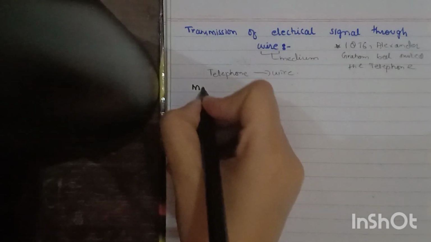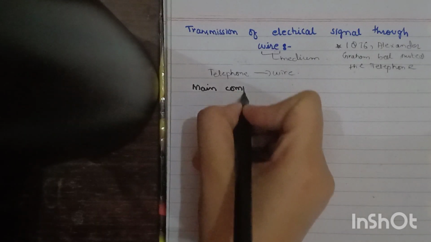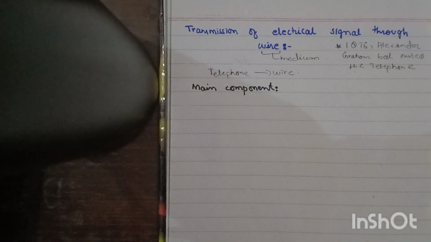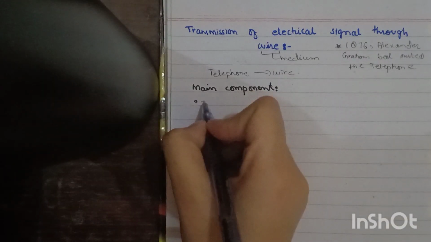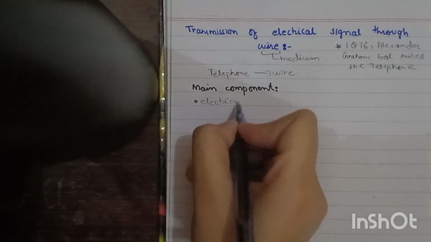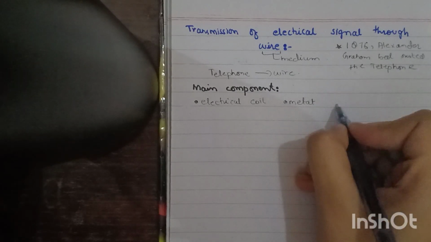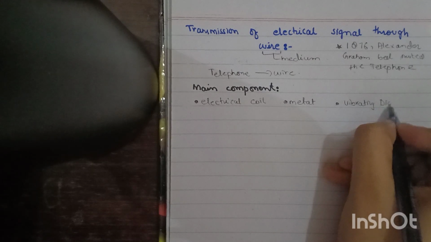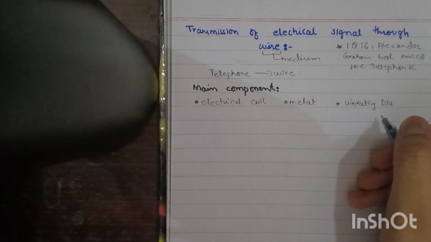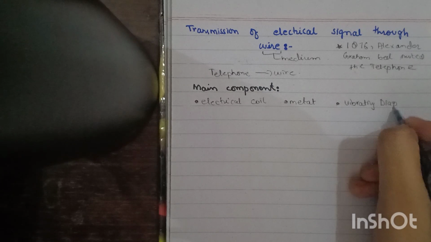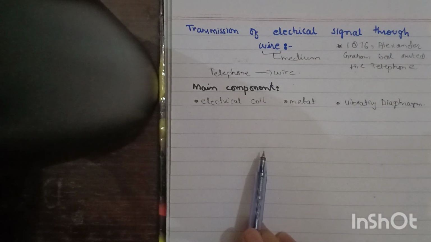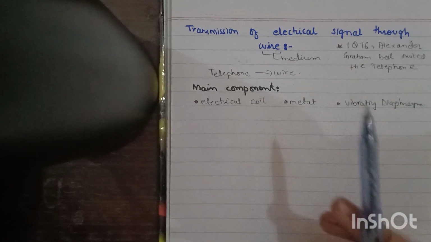Main components basically are here: first of all, metal, electrical coil, metal, and the third is the vibrating diaphragm. Alright, so these are the main components for the transmission of electrical signal through wires.